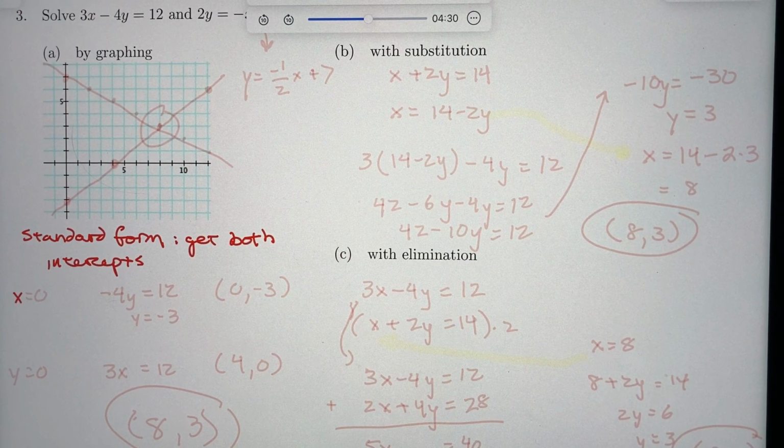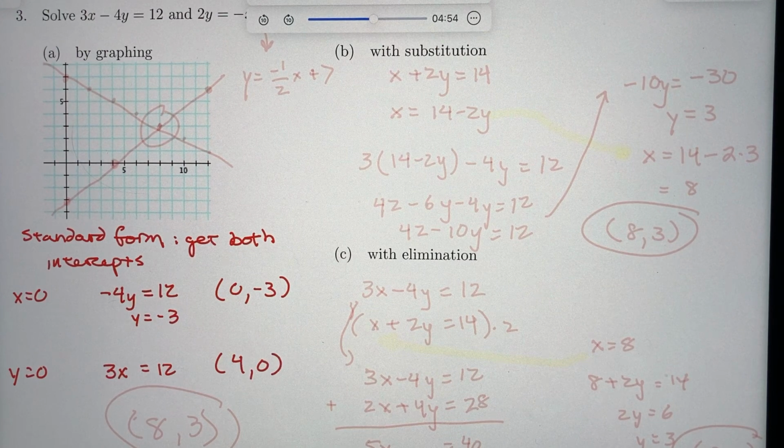So if x is 0, then you have 3x, which is 0, minus 4y is 12. So y is negative 3. Yes, y is negative 3. That's spiffy. If y is 0, you have 3x minus 0 is 12. So x is 4.